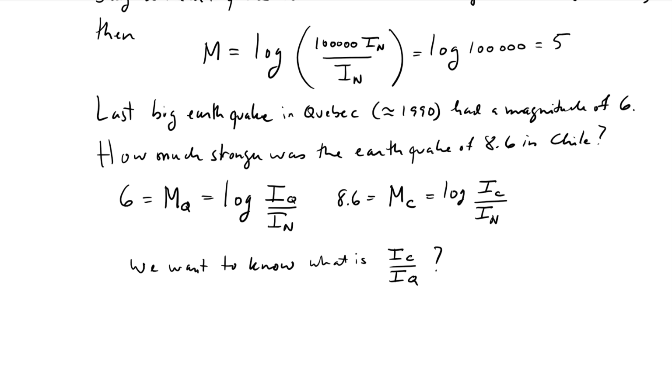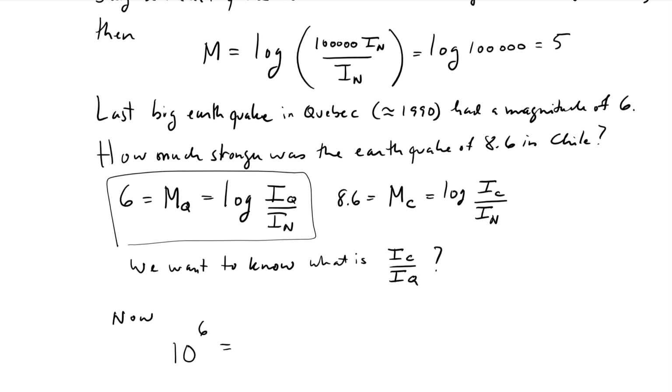One thing I'll do is convert the two logarithmic equations into exponential equations. Let's look at the first one. 6 is the log of IQ over IN. That means 6 is the exponent to which I raise 10 in order to get the ratio IQ over IN.